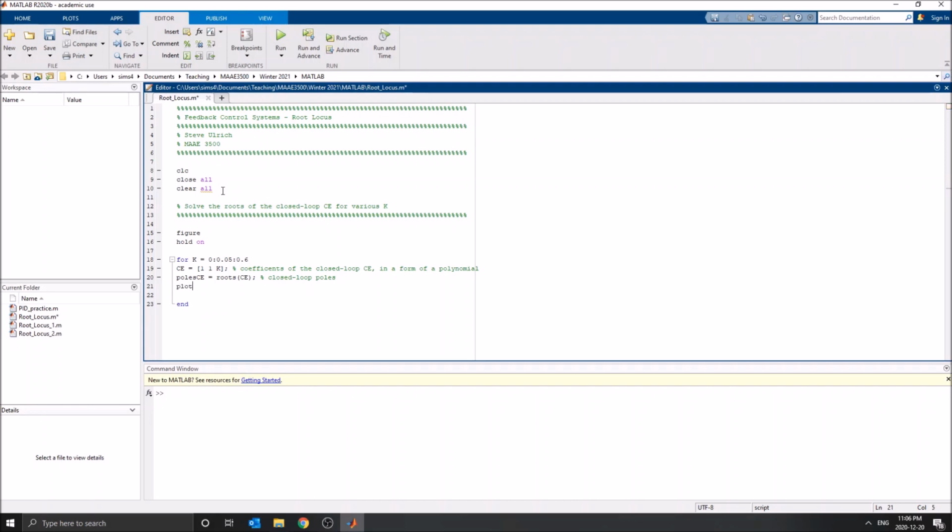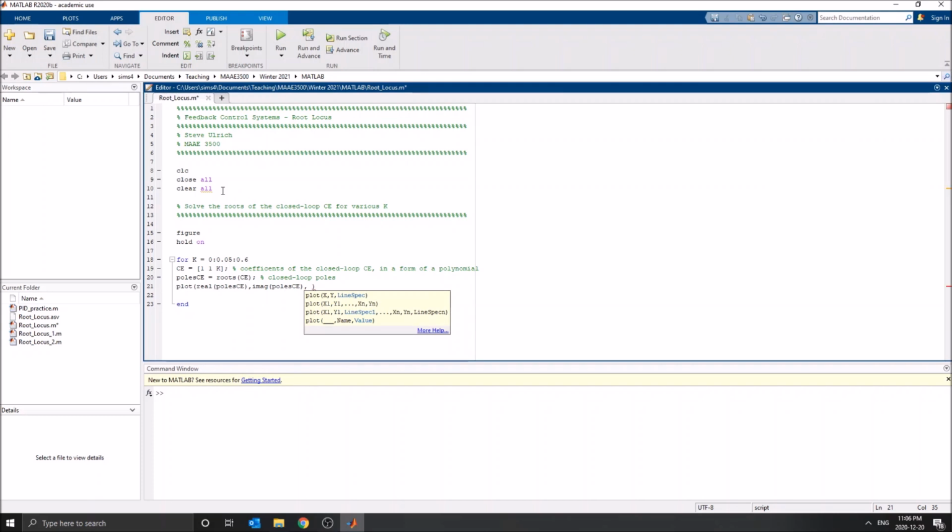And next, I'm going to plot the poles, first by obtaining the real parts of the poles versus the imaginary components of my poles, or the roots of my characteristic equation.